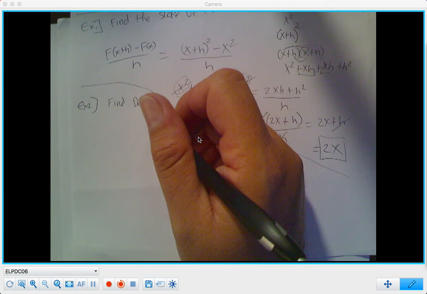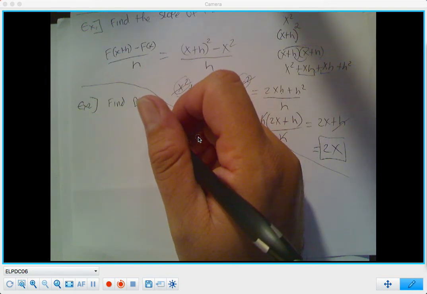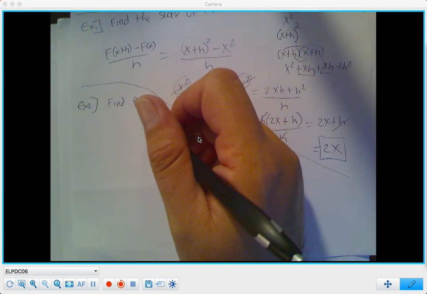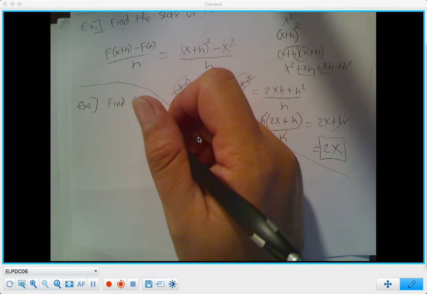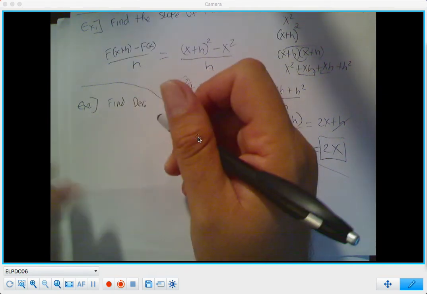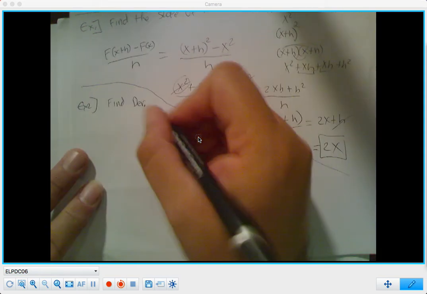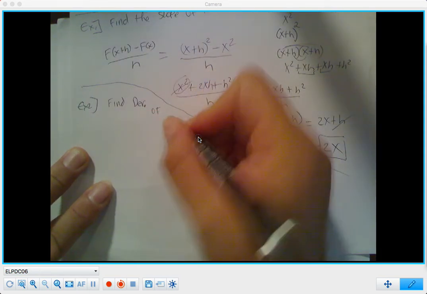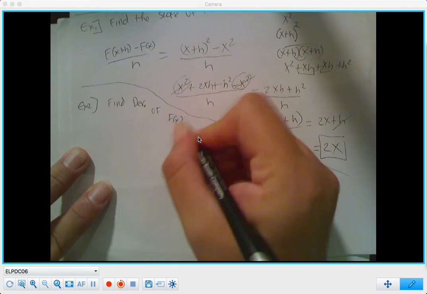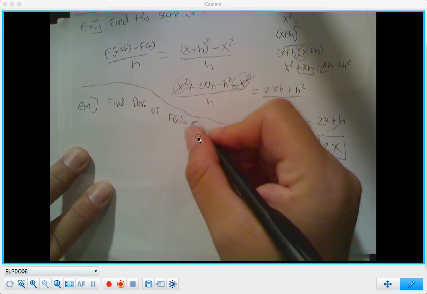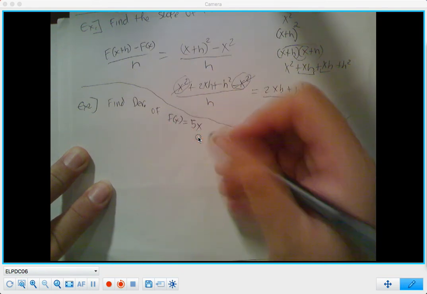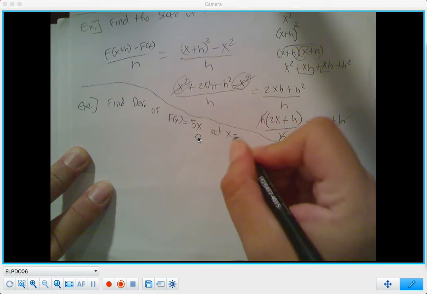Wait, let me do another one. Okay, I have one. So find the derivative of f of x equals 5x at x equals 3.